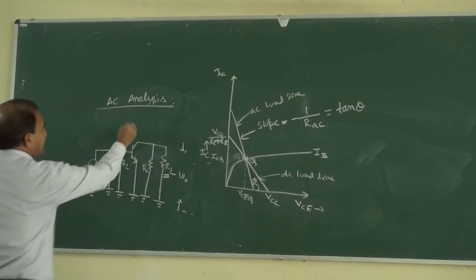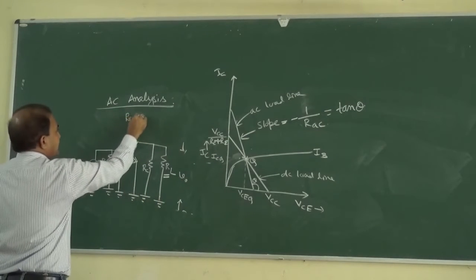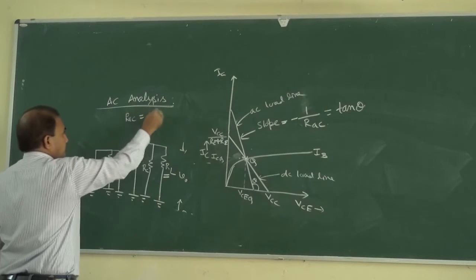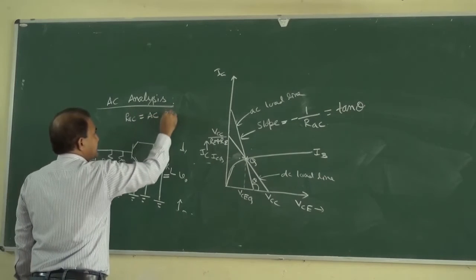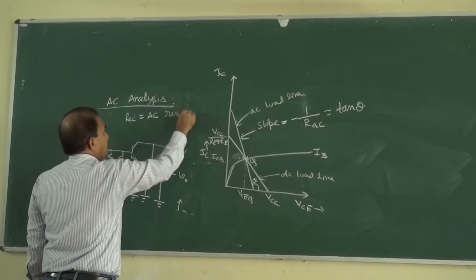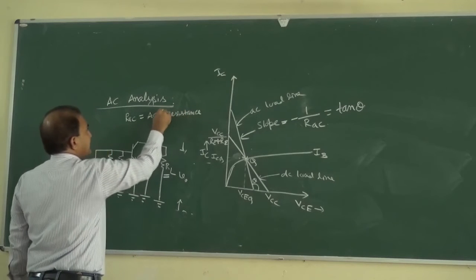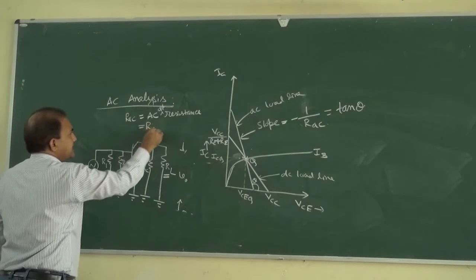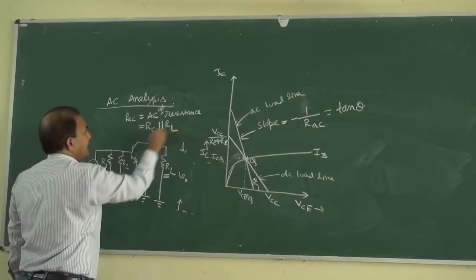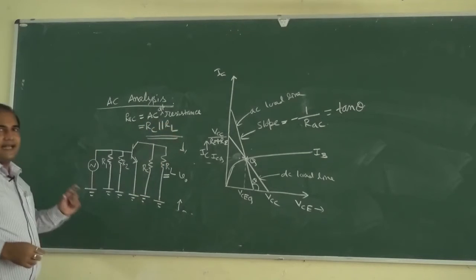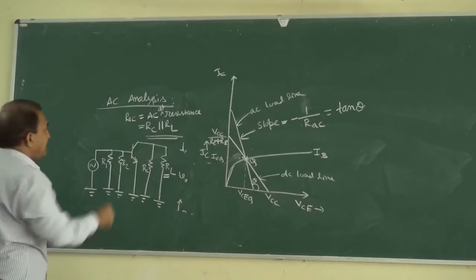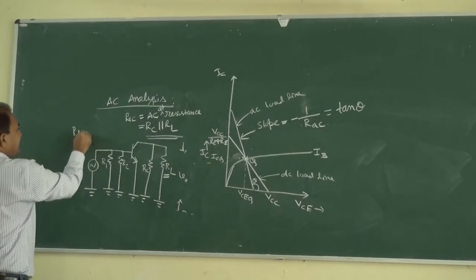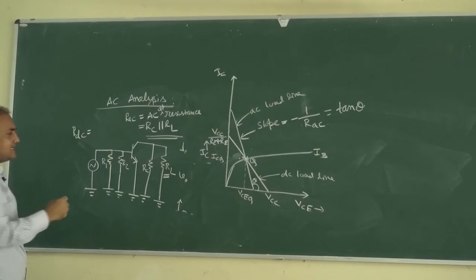So what is RAC? RAC is the AC output resistance, and it is equal to RC in parallel with RL. And what is RDC? That is the DC resistance.